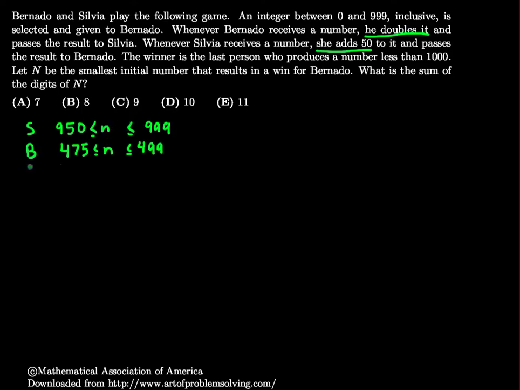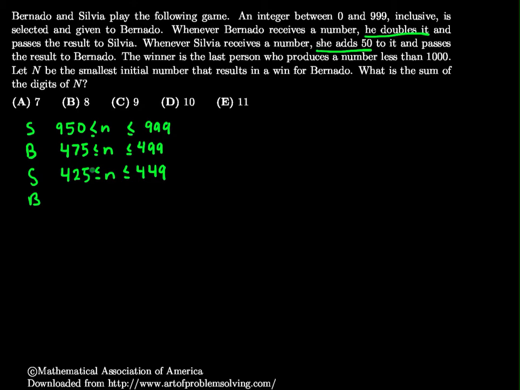Okay, so if Bernardo got these numbers, then Sylvia passed numbers that were 50 less than that, which means 25 less than or equal to the number she passed, less than or equal to 449. And we'll keep going. If she got these numbers, that means Bernardo had to give numbers that were half of these.